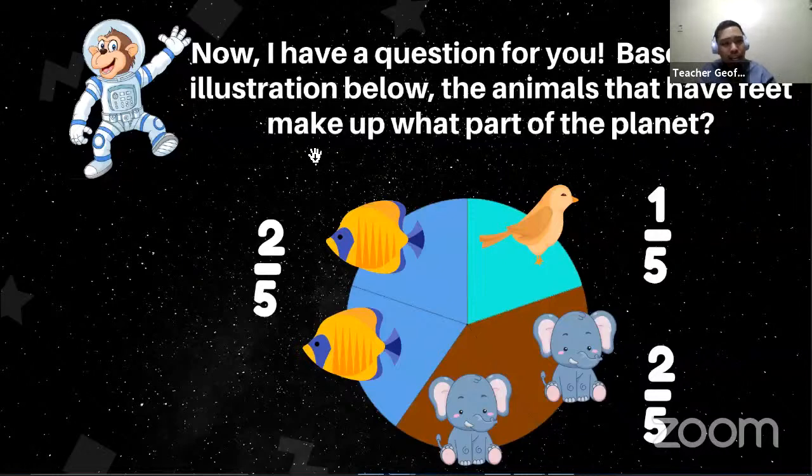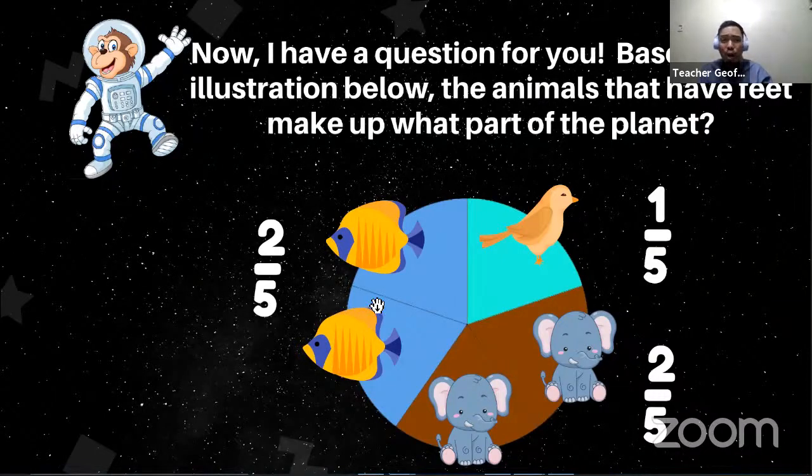Now, we are being asked how much they make up of the whole planet. What do we need to do? Since we have the land animals and the air animals, we need to combine their fractions in order to find out how much they make up of the planet.